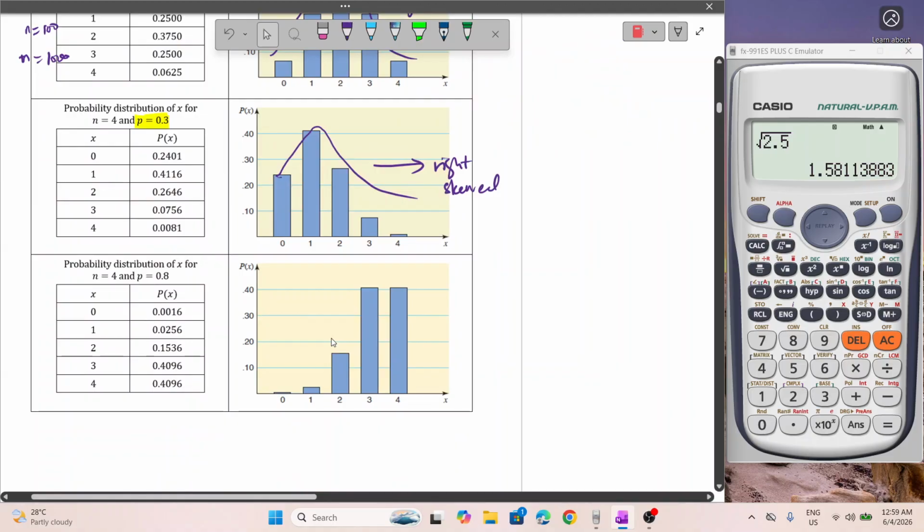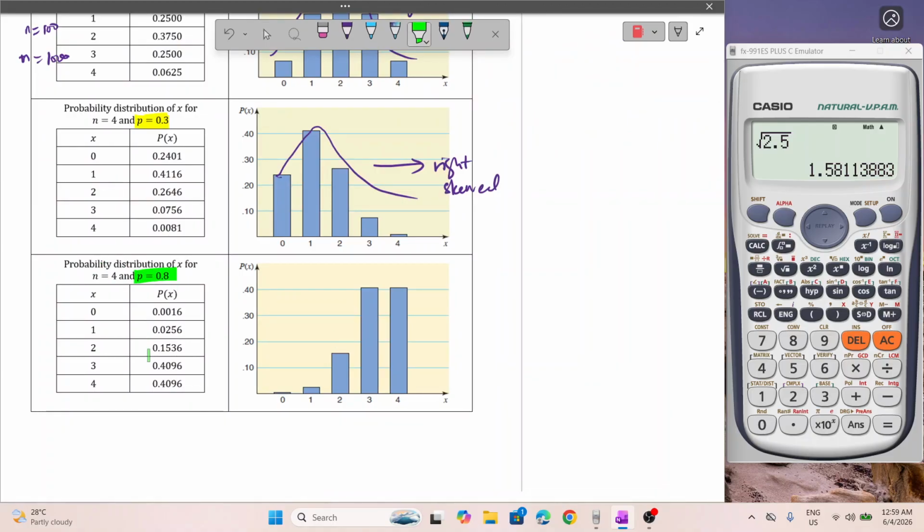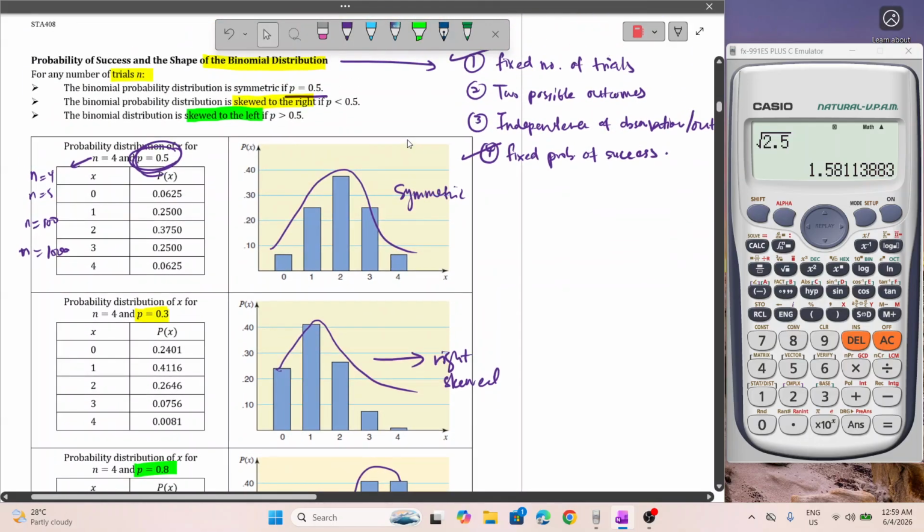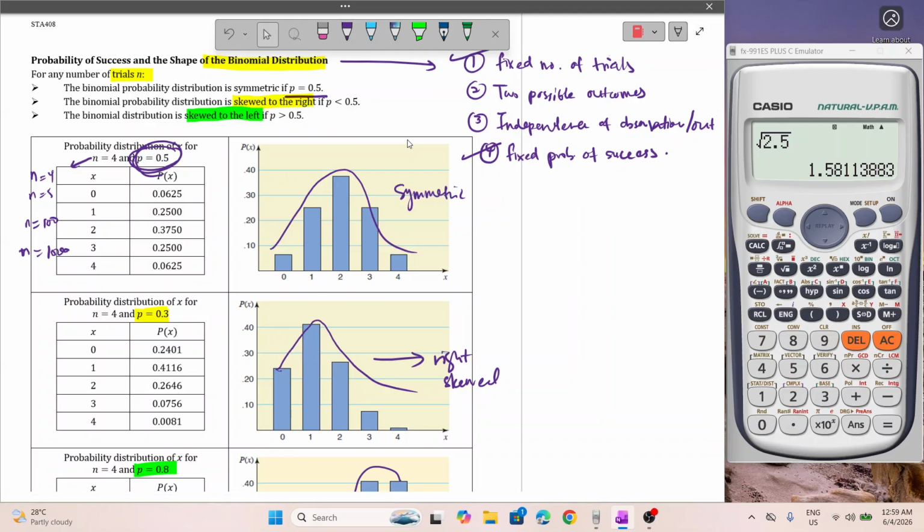Now you know that the skewness of the distribution differs when the probability value changes.